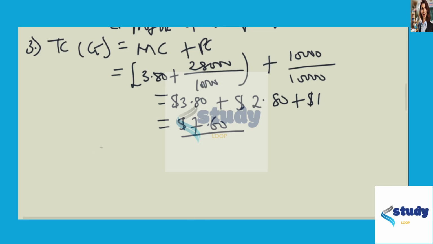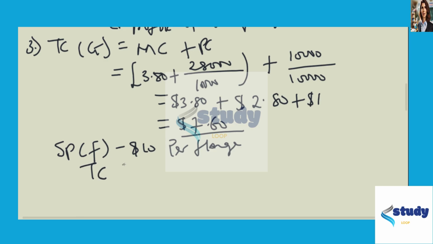And now the selling price of company F is $10 per flange, and the total cost for company G is $7.60 per flange.